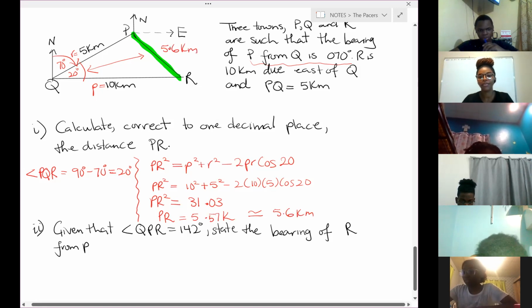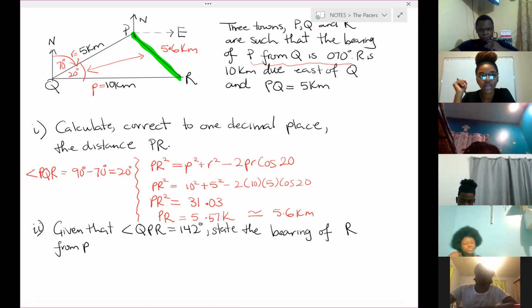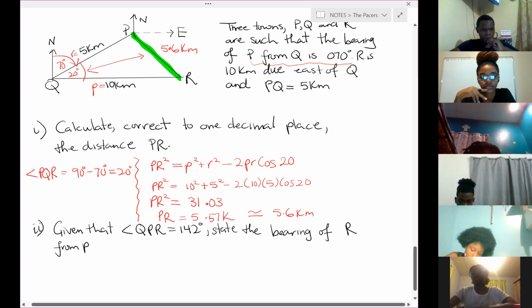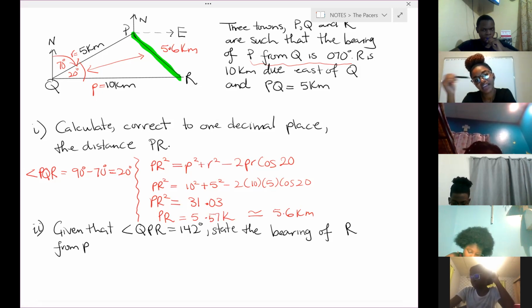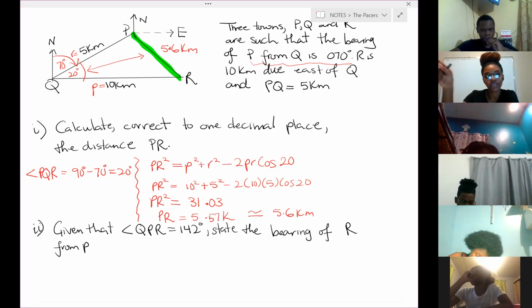Any questions, anyone? Anything that you're a little confused about, you just need a little clarity about? All right, so the minute we identify those two lines and the angle in between, it should click: cosine rule, especially when the line that we want is opposite the angle that we have.